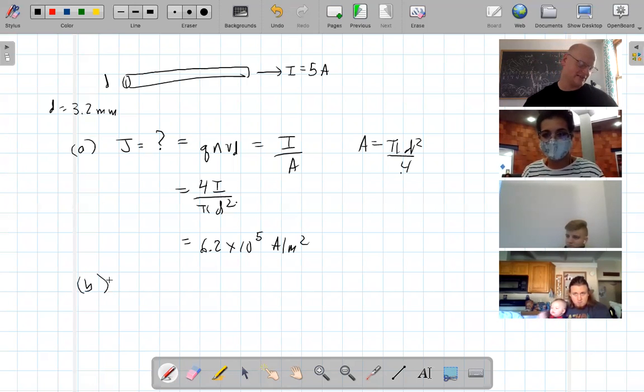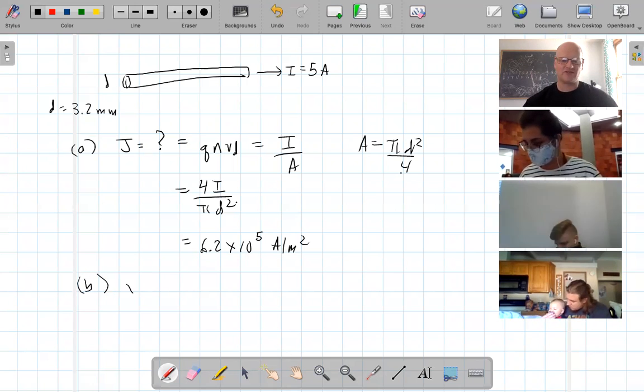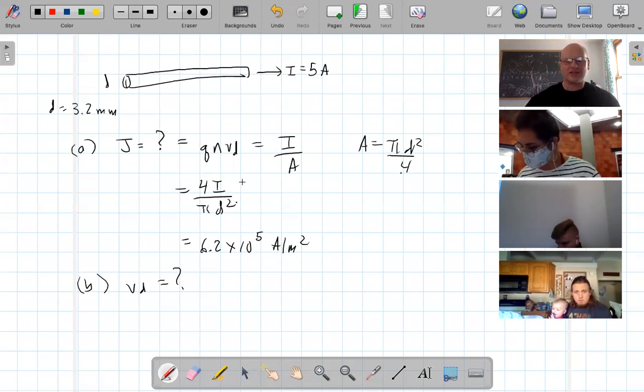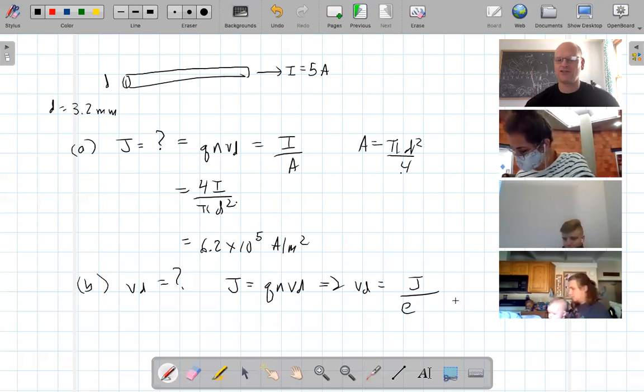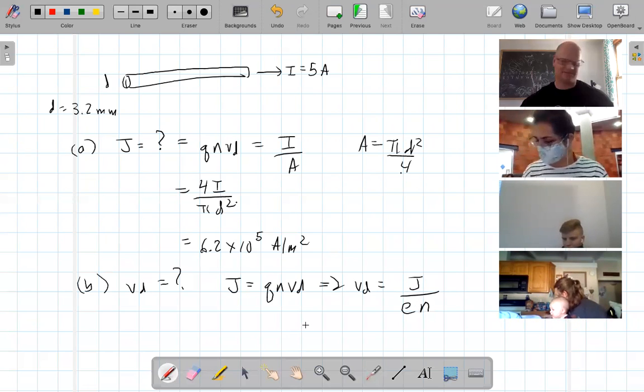Part B then says, what is the drift velocity? Well, using what we originally wrote up here for the current density, we know the current density is equal to the charge times the number density times the drift velocity, which means the drift velocity is equal to the current density divided by the charge, which is our fundamental charge, times the number density.